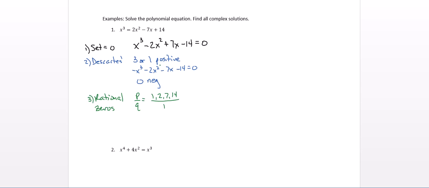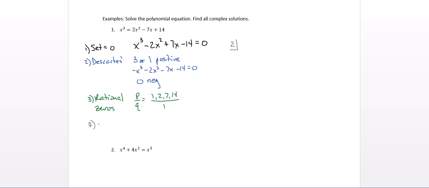And I know I'm only going to check positive values and not negative values, so I'm not even going to put a plus or minus. I'm only looking at positive values. And we're going to start trying 1. If I put 1 in, when you're evaluating at 1, that's 1 minus 2 is negative 1, plus 7 is 6. It's not 0. All right, so let's try 2.